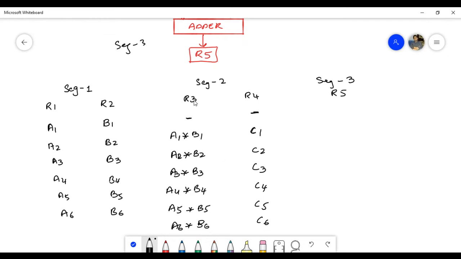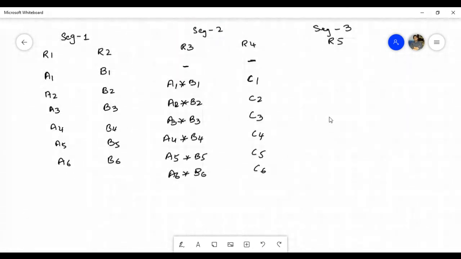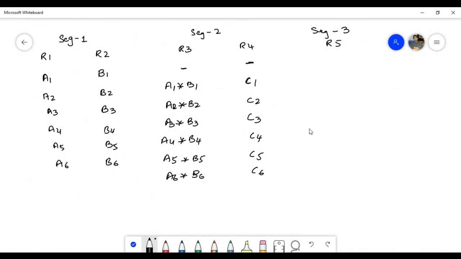Okay, this is the content of R3 and R4 in segment 2. In segment 3, the fourth position is shifted and the next position is shifted. R5 consists of the added version. What we do here is just shift by two positions. So it will be A1 cross B1 plus C1.